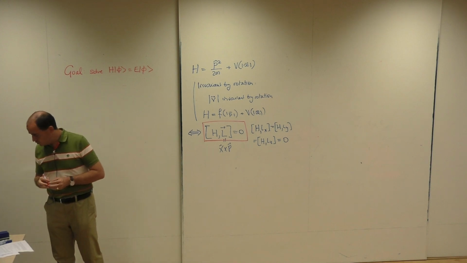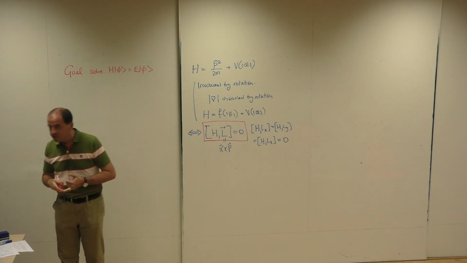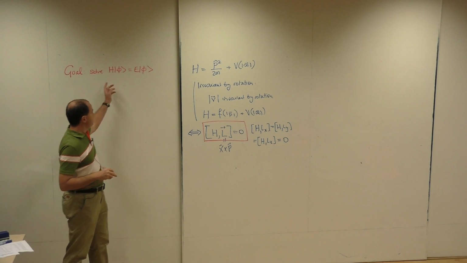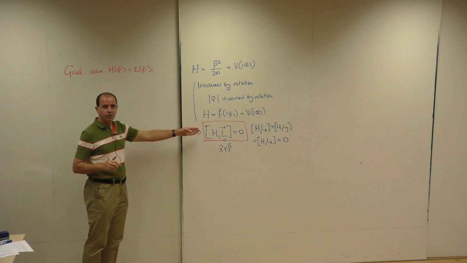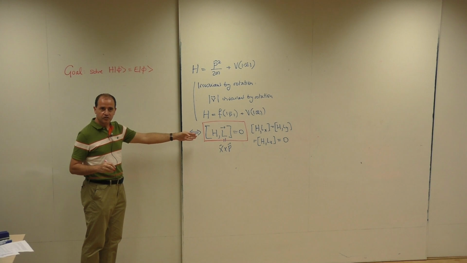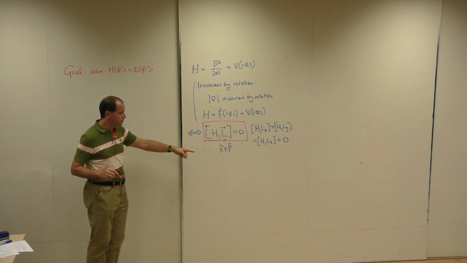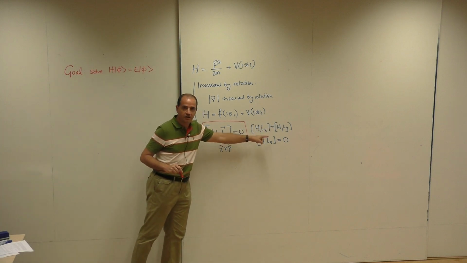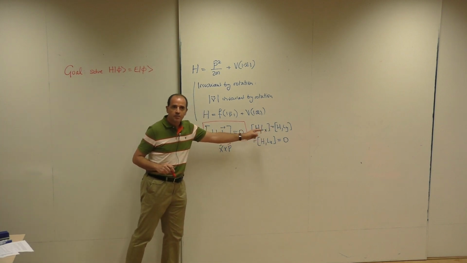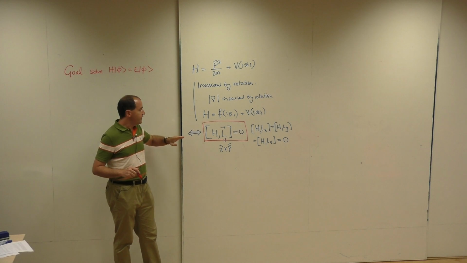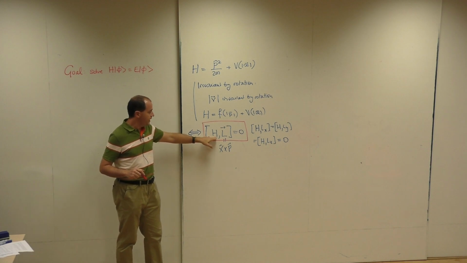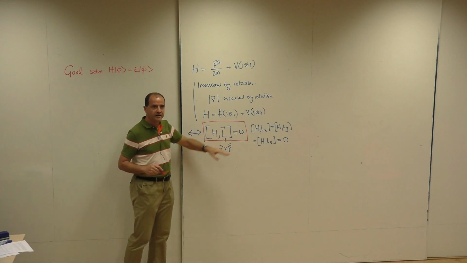How do I use that? Well, because H commutes with L, we can find a basis of common eigenvectors of H and of, not of L, because the different components of L do not commute between themselves, but we can find a basis of H, L squared, and Lz.